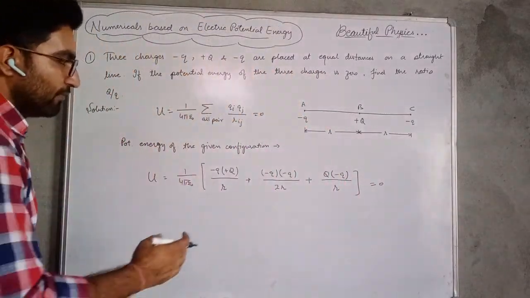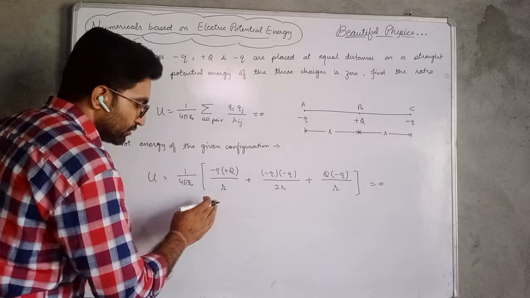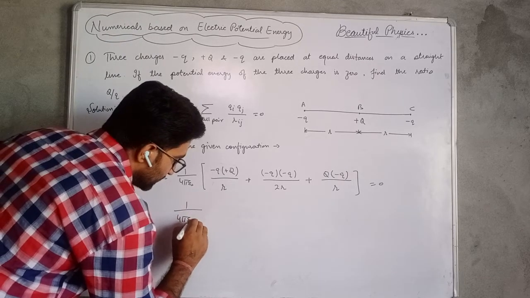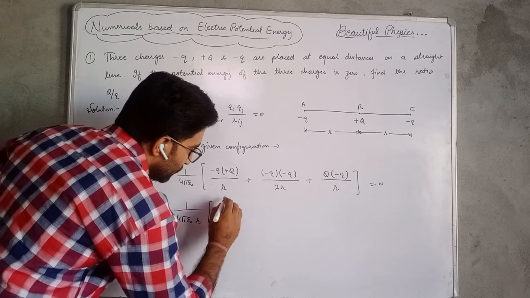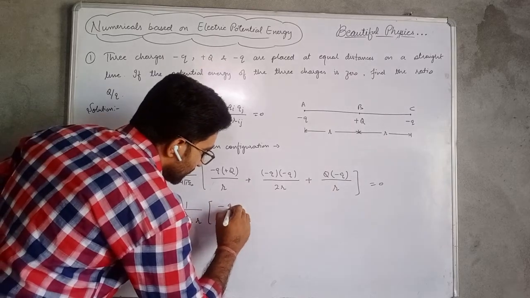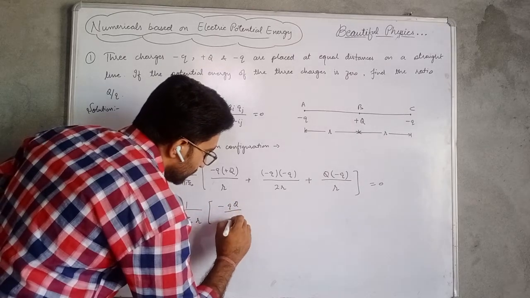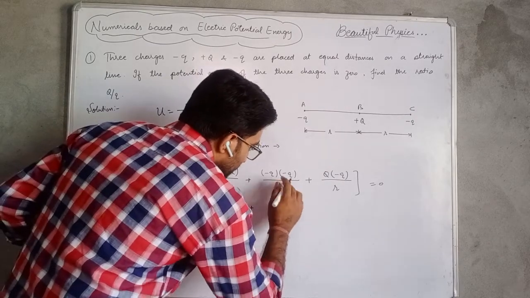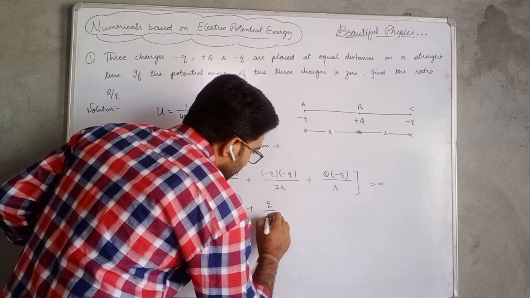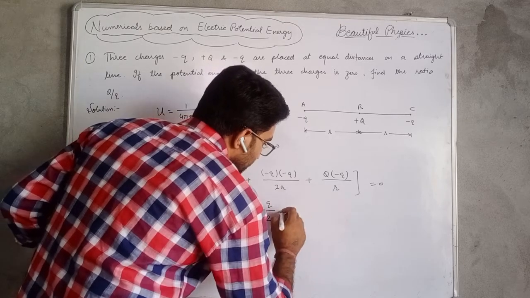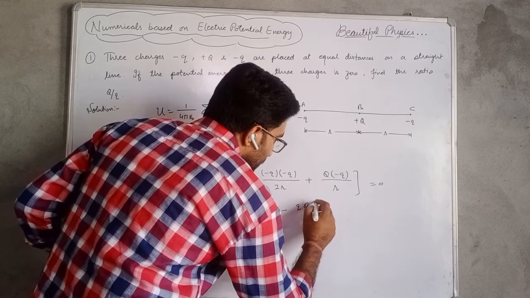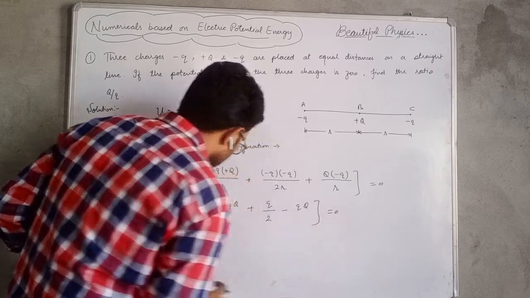From there, 1 by r can also be taken as common, so we have 1 over 4 pi epsilon naught r into minus q capital Q plus q square by 2, and this one again minus q capital Q, equal to 0.